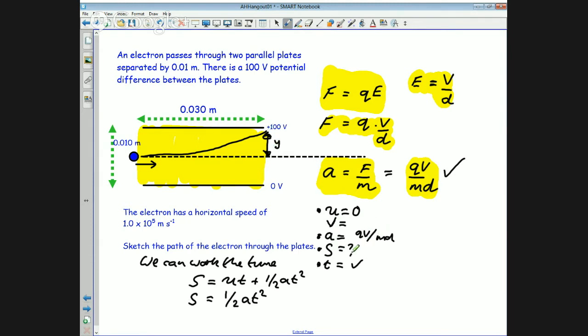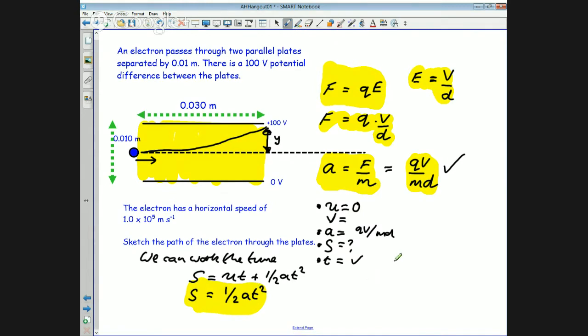We're after the displacement, and of course we know the t by just working out the speed of the particle and the distance in which the particle passed through the electric field. And by doing that, we can then use the equation s equals 1/2 at squared to get our vertical displacement. And that's our second problem done. Once again, I'll not do the full calculations for you. You can try the calculations themselves, and we'll see them next day in the class.